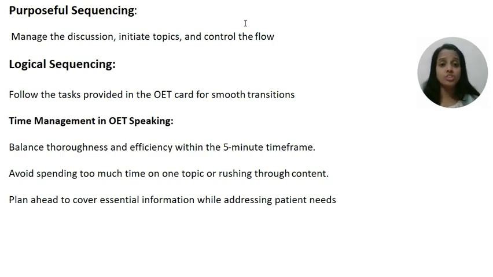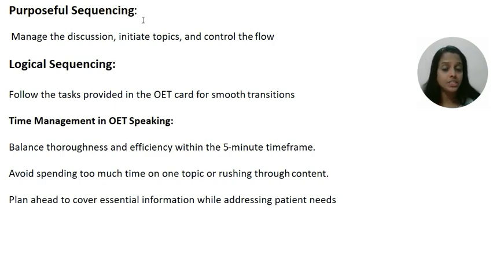They are in a very structured way that allows you to cover each point comprehensively before moving on to the next, ensuring that no part of the conversation is left incomplete. By sticking to this logical sequence, you can avoid returning to previous points unless absolutely necessary. For example, if a patient asks a relevant follow-up question, it ensures that the consultation moves forward in a natural and well-organized manner, right?